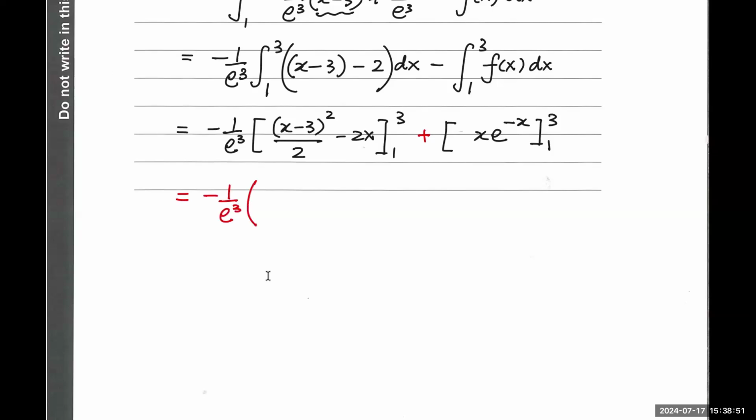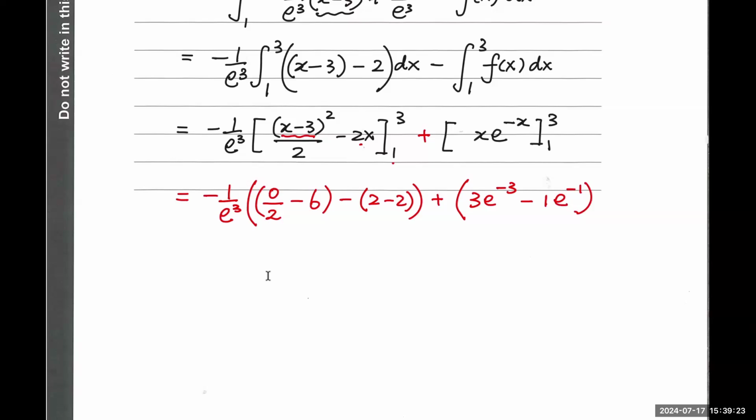When you sub in a 3 here, that will be 0 divided by 2 minus 6, right? When you sub in the 1 here, that's minus 2 squared. Okay, so if it's a minus 2 squared, 4 divided by 2, that's 2. And sub in the 1 here, that's 2 minus 2. Plus 3e to the power negative 3 minus 1 times e to the power negative 1.